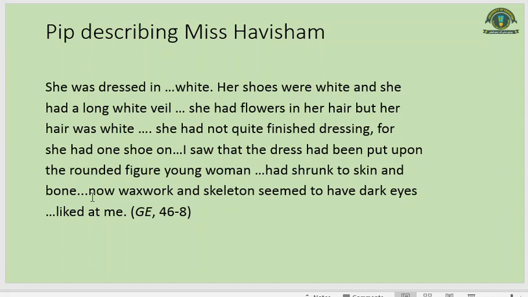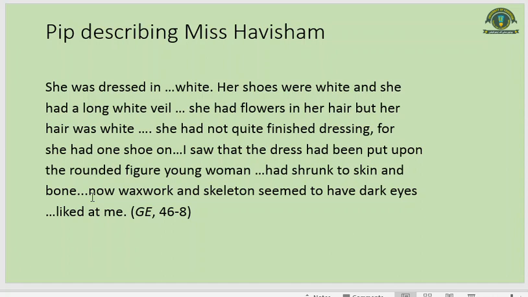But at the same time, you can see how Miss Havisham's traits bring Stella up to hate men, to hate young people, and never get married.